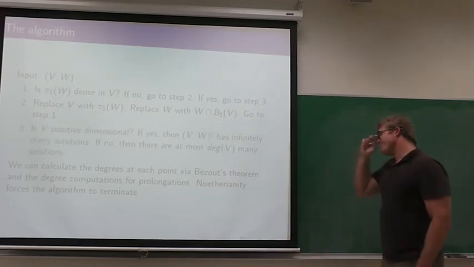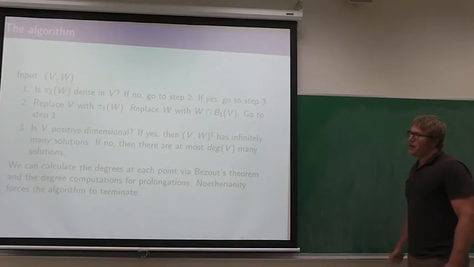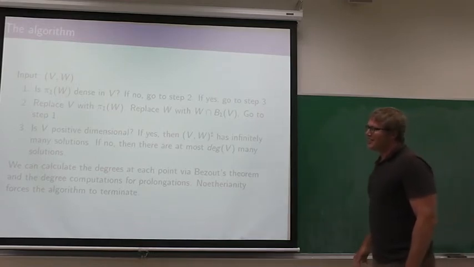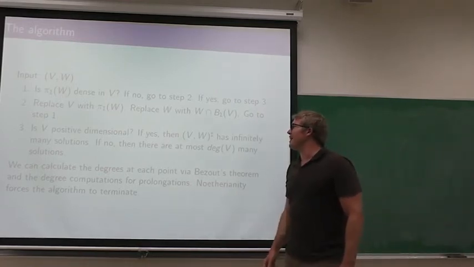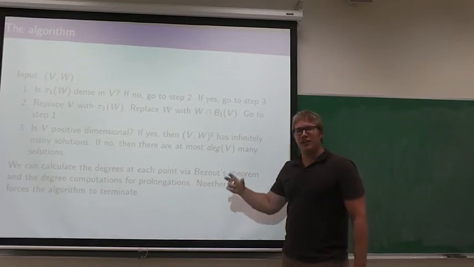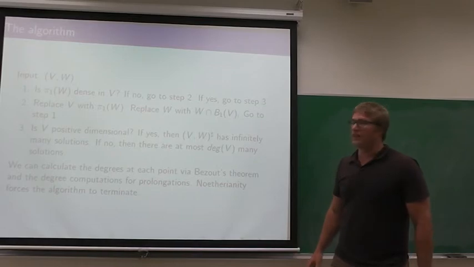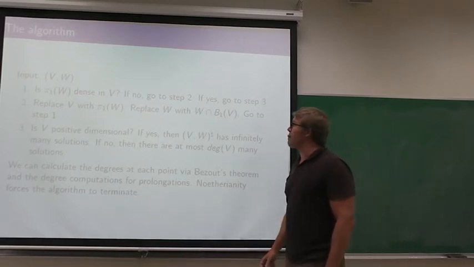But the algorithm can't go on very long because of Noetherianity. And I told you how to calculate the degrees of things, and you know Bézout's theorem, so you know how to calculate degrees of intersections as well.